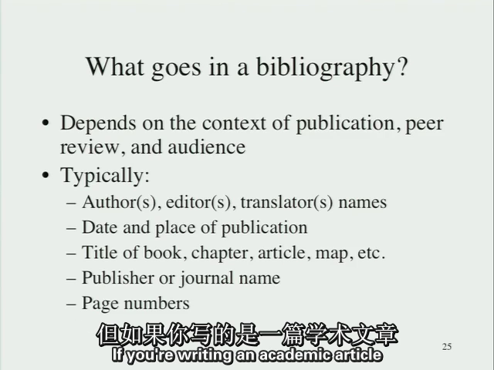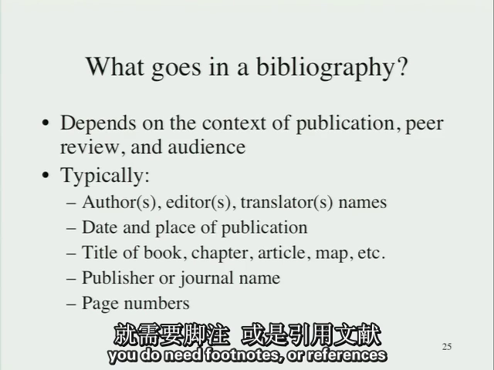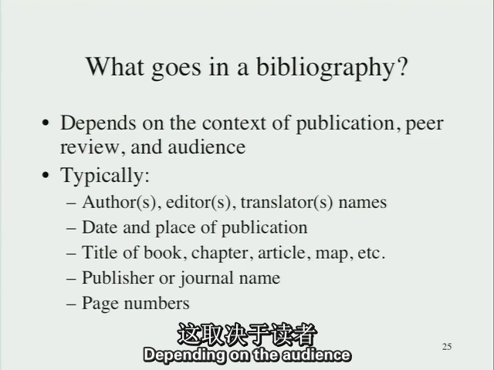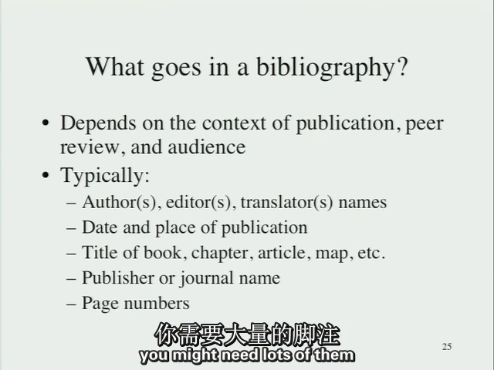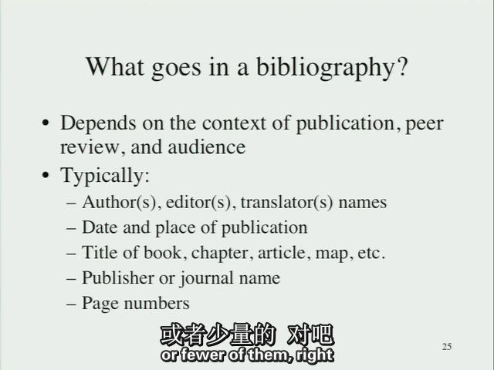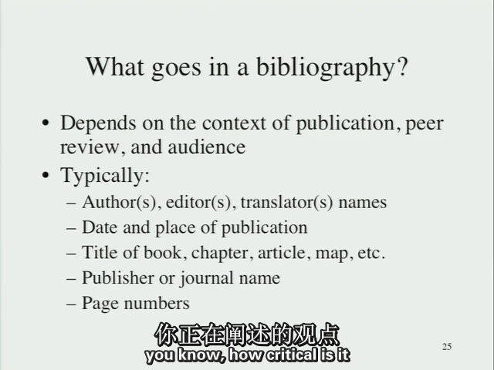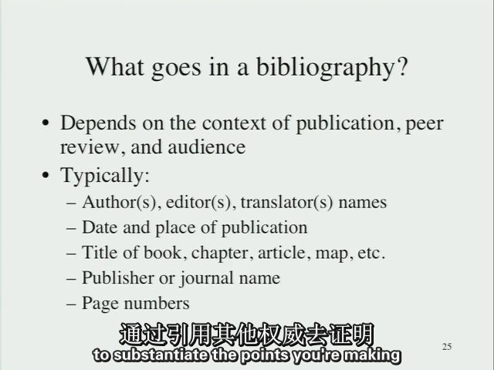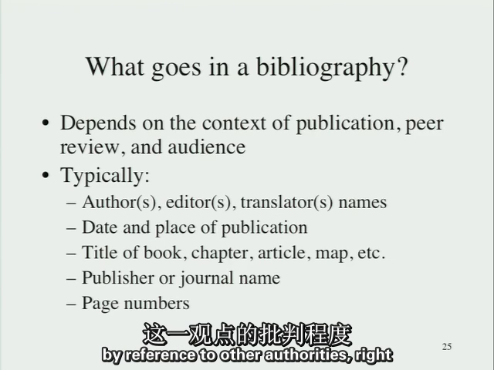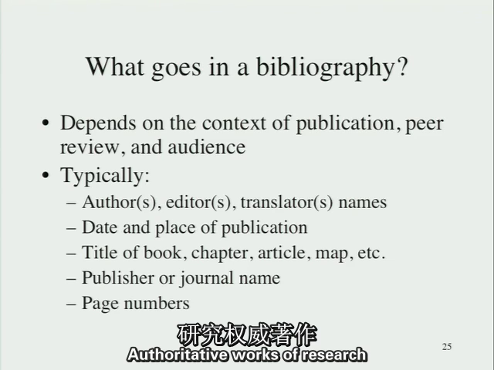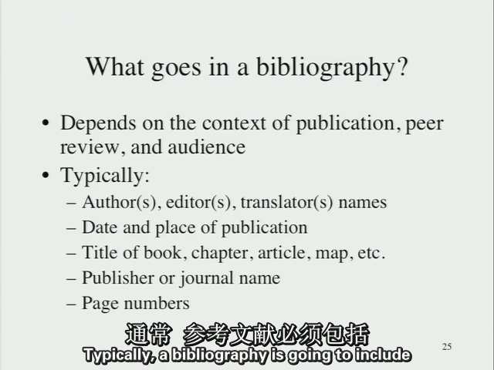If you're writing an academic article, you do need footnotes or references. Depending on the audience for that academic article, you might need lots of them or fewer of them, right? And it all depends on how critical it is to substantiate the points you're making by reference to other authorities, right? Authoritative works of research.